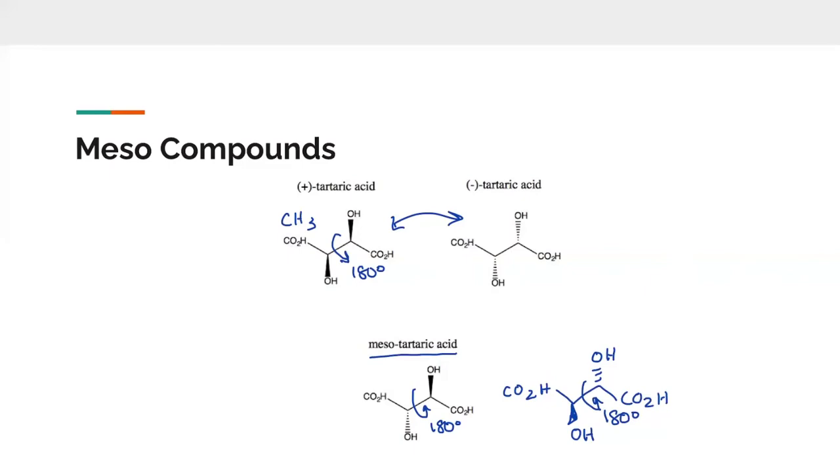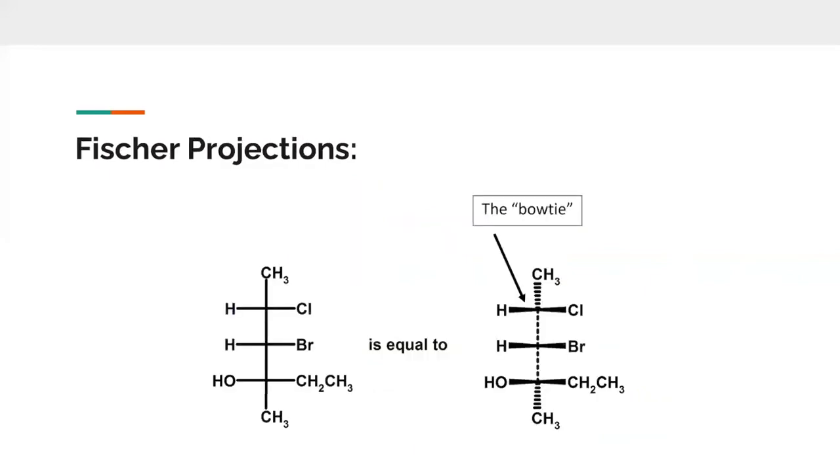So the last topic I want to cover in this stereochemistry lecture is Fischer projections, because you'll see these commonly, especially for a lot of biochemistry molecules. Essentially, a Fischer projection is another way of drawing molecules in 3D.